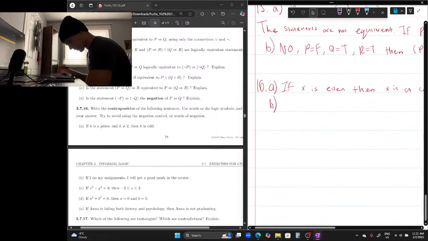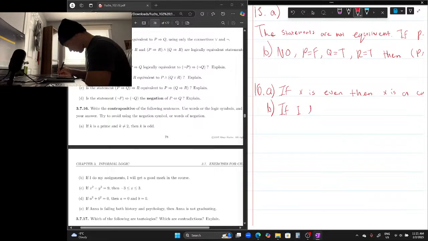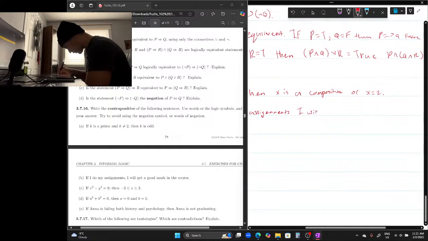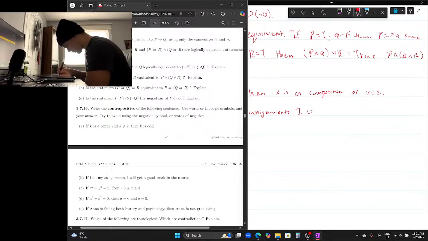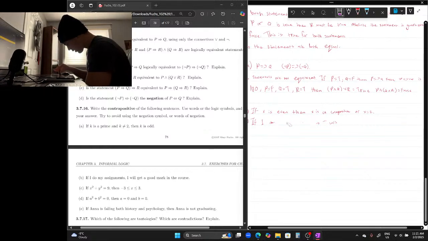B, if I do my assignments, I'll get a good mark in the course. If I don't do my assignments, I will not get a good mark in the course. Oh, that's really better. I messed it up.